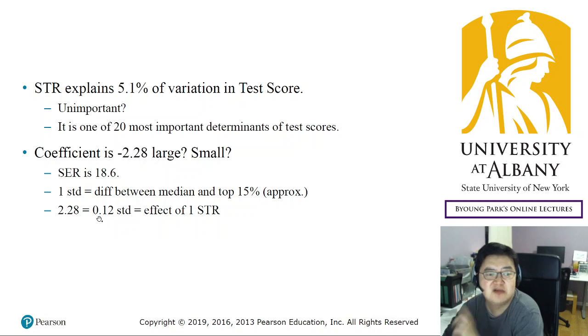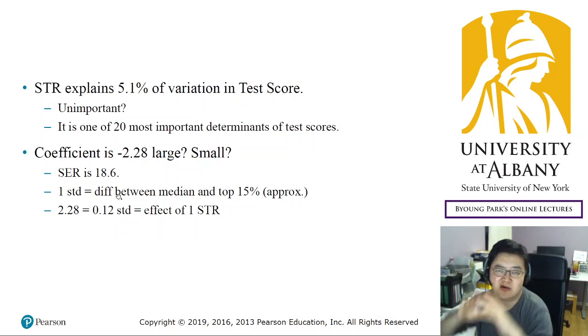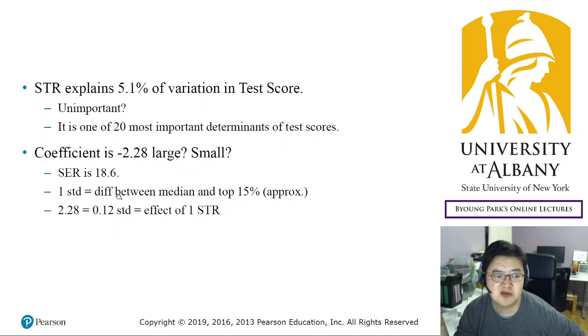Then how can we tell? Imagine the standard normal distribution. We assume that the errors are normally distributed, which is kind of standard. And if you assume the normal distribution, one standard error is the difference between the mean, the median, and the top 15%, right?